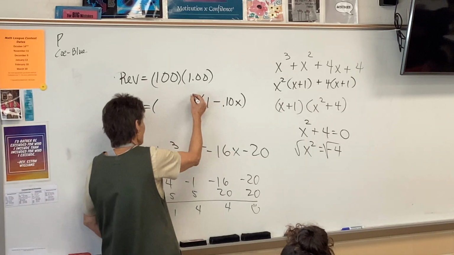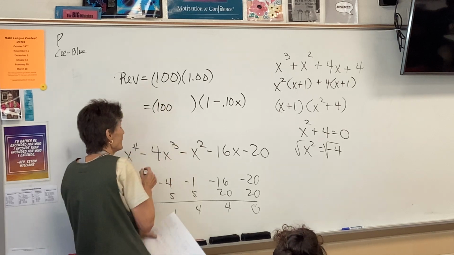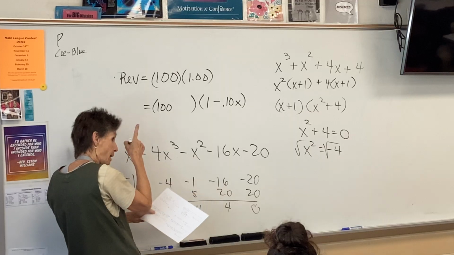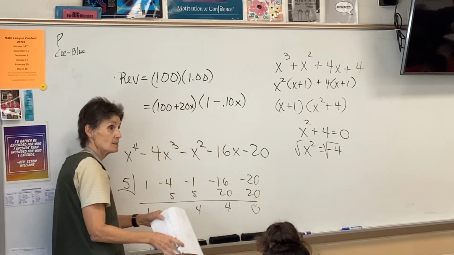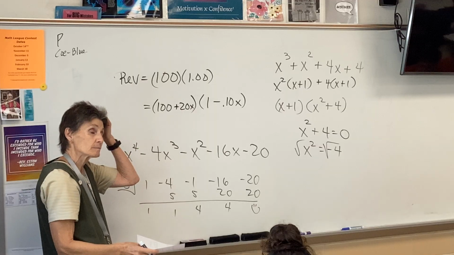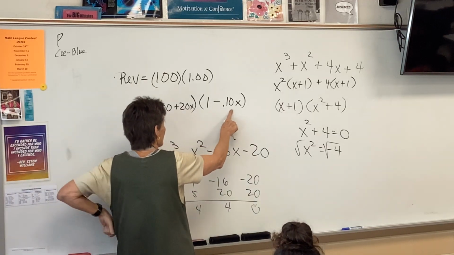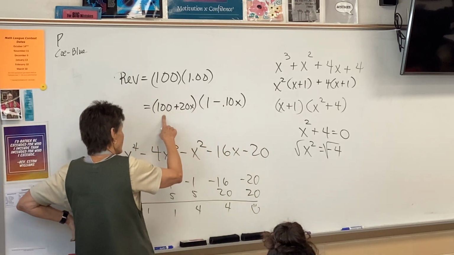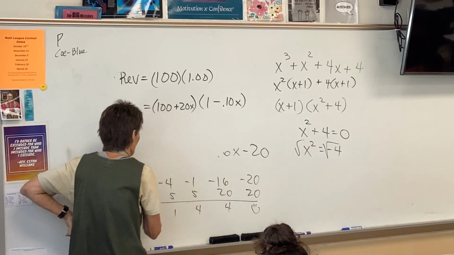Now what is happening to the number of papers I have then? Right now it's 100, but that is actually going up in increments of 20. So the price is coming down in increments of 10 cents. The number of papers is going up in increments of 20.